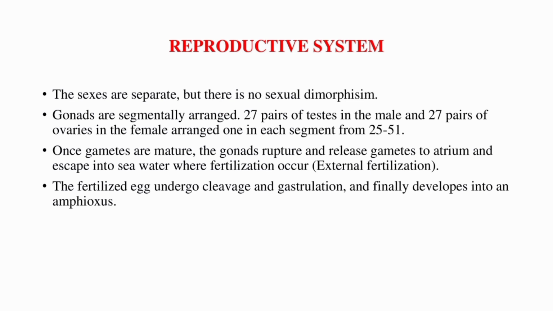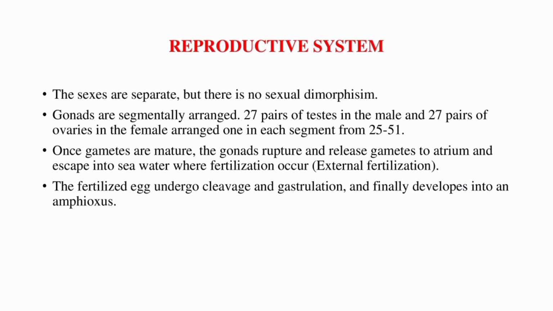Next, reproductive system of amphioxus. The sexes are separate, but there is no sexual dimorphism. Gonads are segmentally arranged. 27 pairs of testes in the male and 27 pairs of ovaries in the female, arranged one in each segment from 25 to 51.